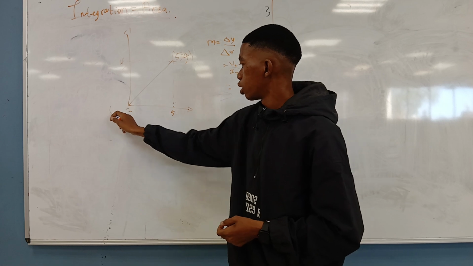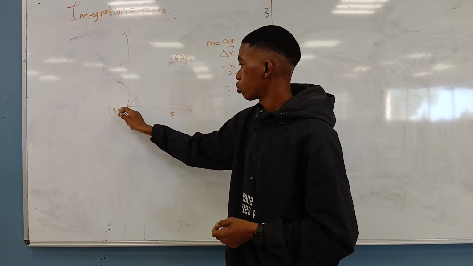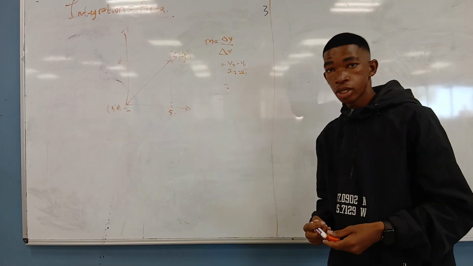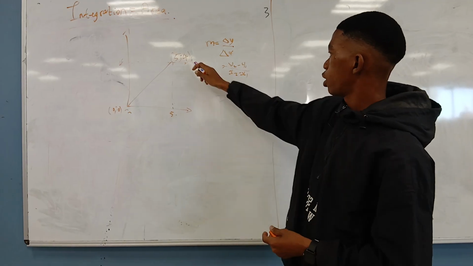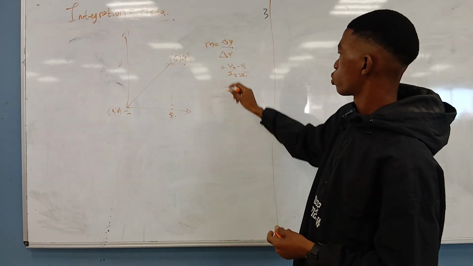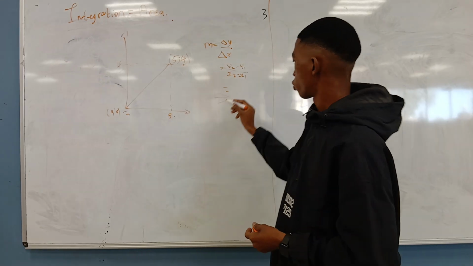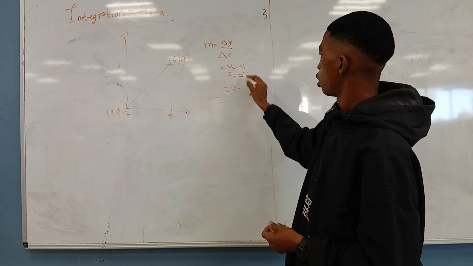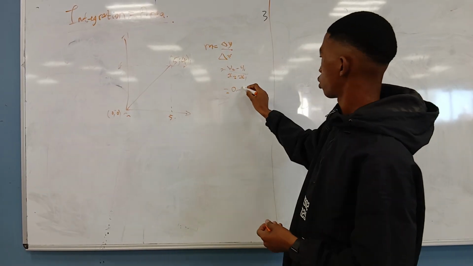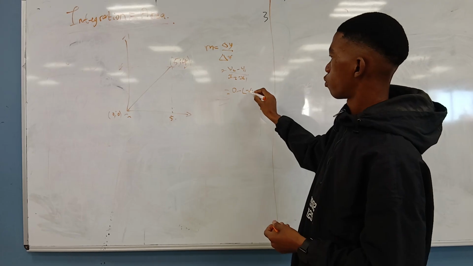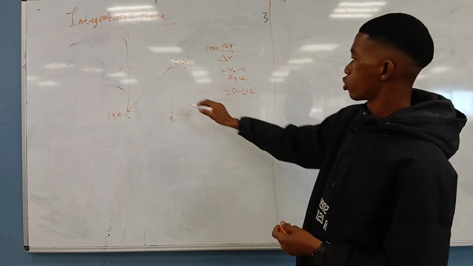So the coordinates of the point of origin is 0, 0. So here we said is our first point, meaning we're going to say our y2 is going to be 0. So it's going to be 0 minus y1, it was positive 4.